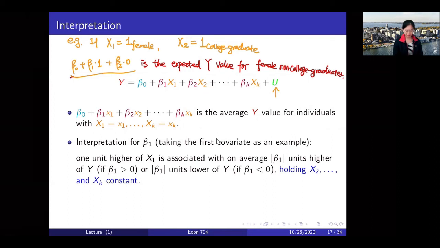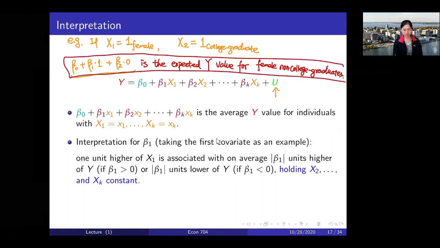Right, so that's an example for interpreting this conditional mean model. Then what's the interpretation for each of the coefficients? The interpretation, say, for beta 1 would be the association between the 1 unit change of x1 and the change of y.